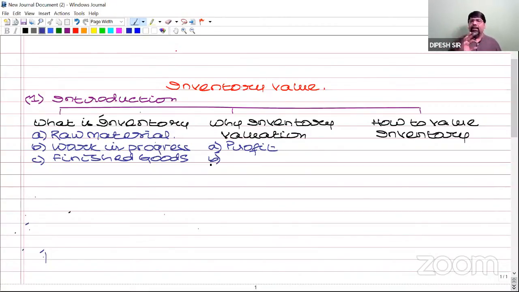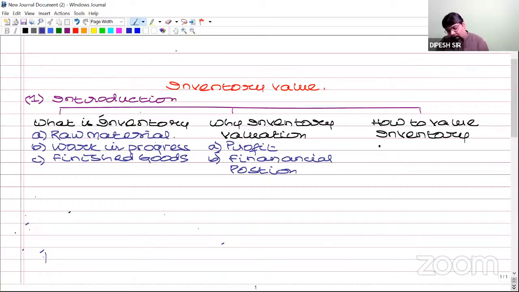Therefore, incorrect valuation of inventory would affect our financial position. So it helps us to find out correct financial position. How to value inventory will be dealt with later.